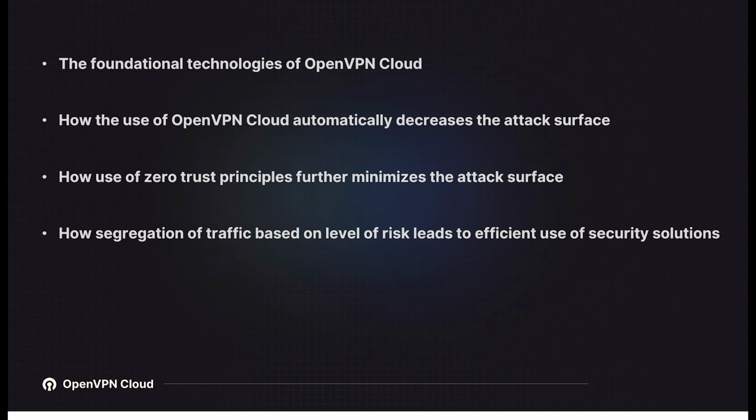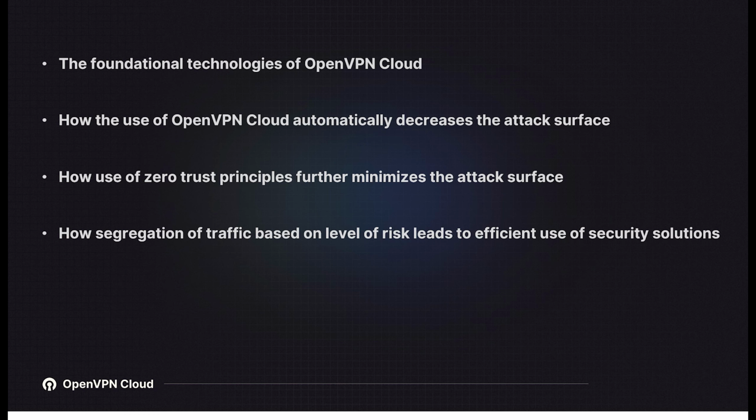We started this webinar saying that we're going to explore, and hopefully I was able to explain, the foundational technologies of OpenVPN Cloud, such as the separation of control and data plane, full mesh connected core network, and vertical integration of security and data forwarding stack.